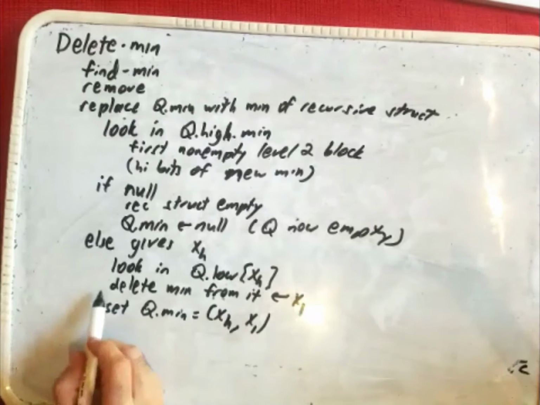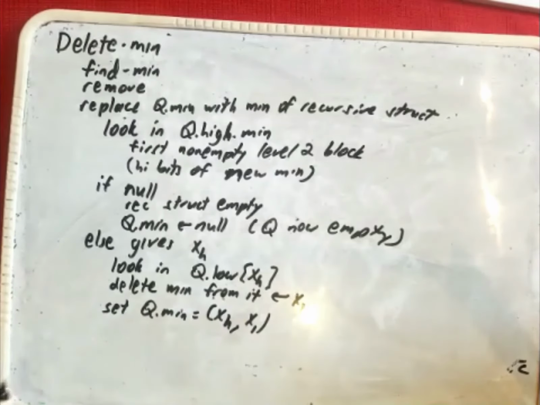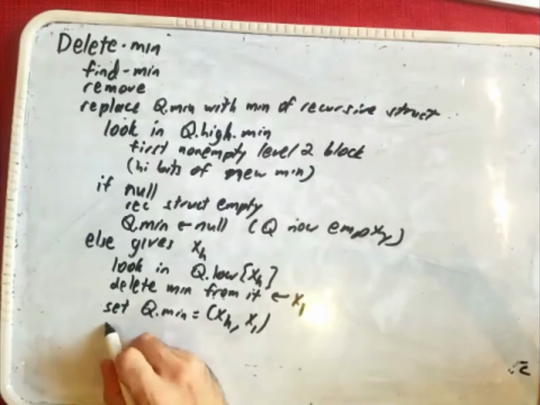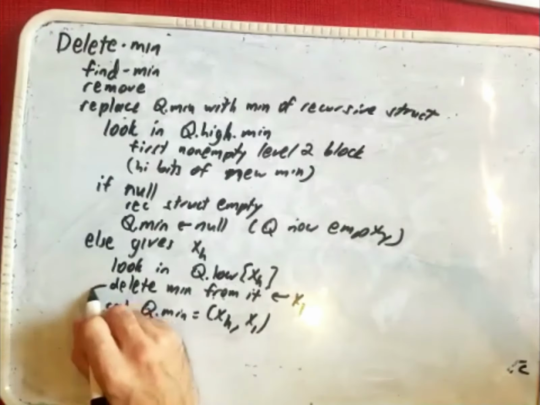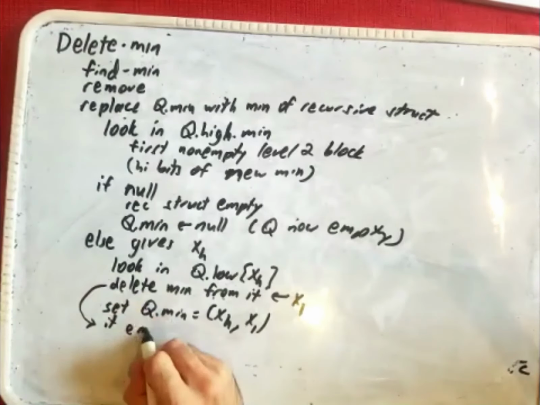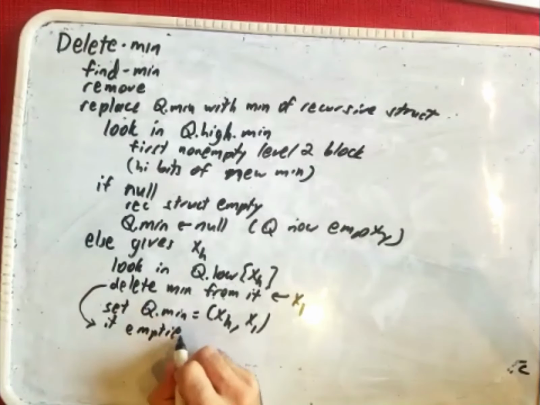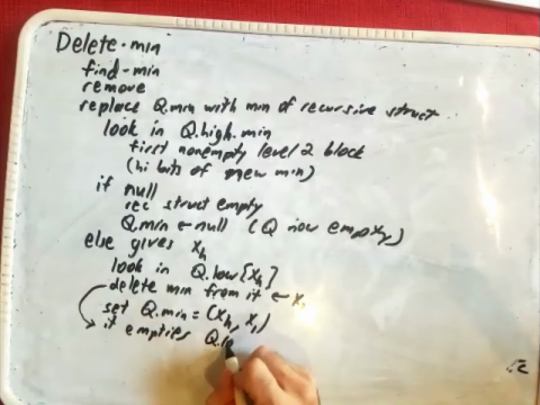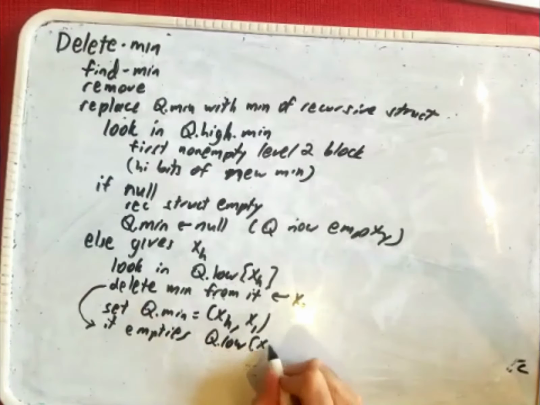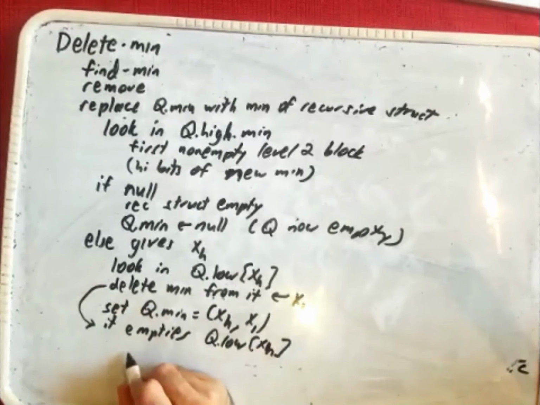But we have to be a little bit careful. What can happen if I do a delete min from q.low of x_h? It could also become empty. If this previous operation empties q.low of x_h, it means that I have emptied the block.